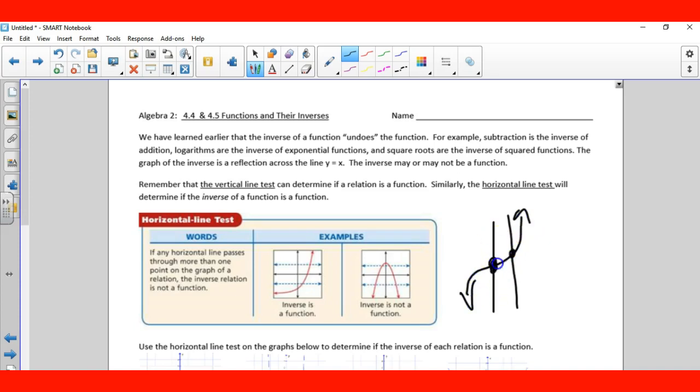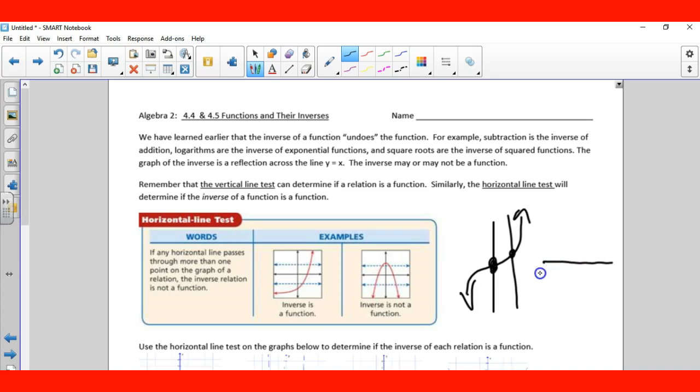Use the vertical line test to determine if this is a function. Now, if I found the inverse of this, I would use the horizontal line test, which is just a horizontal line, to see if it touches the relation more than once.